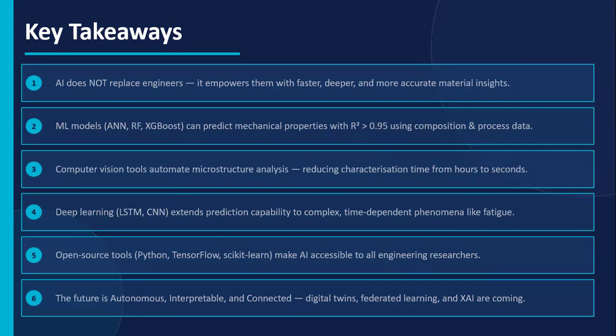Computer vision automates microstructural characterization and defect detection. Deep learning extends predictive capabilities to complex phenomena such as fatigue. Open source AI tools make advanced technologies quite accessible to researchers worldwide. The future of material testing is intelligent, connected, autonomous, and data driven in nature.